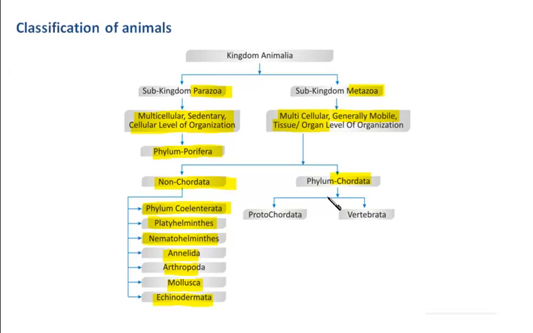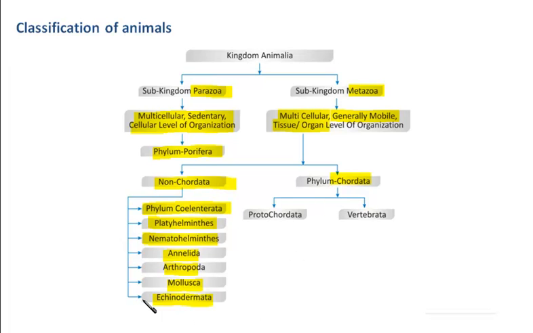Now it is present here. Now, of course initially it will appear as a primitive structure, so depending upon its development, again these organisms fall in two different groups, that is Protochordata and Vertebrata.